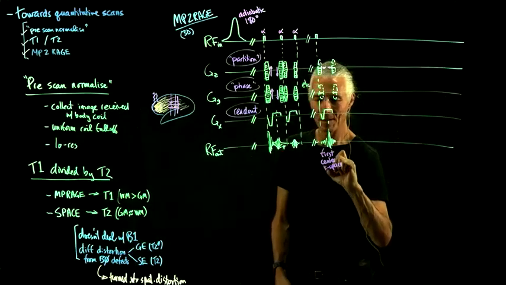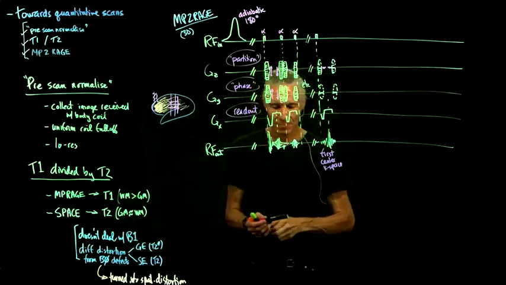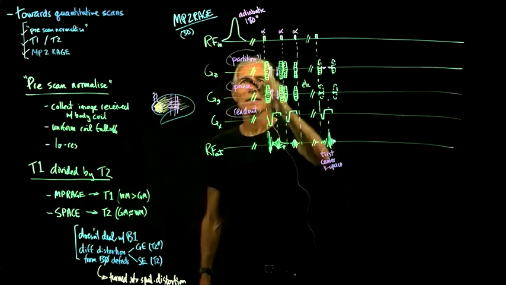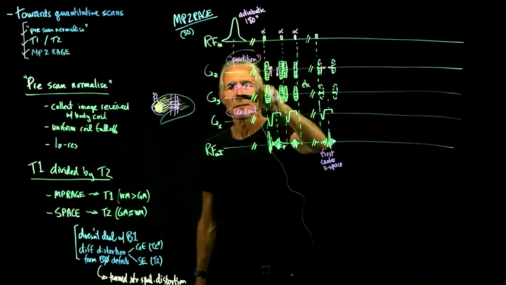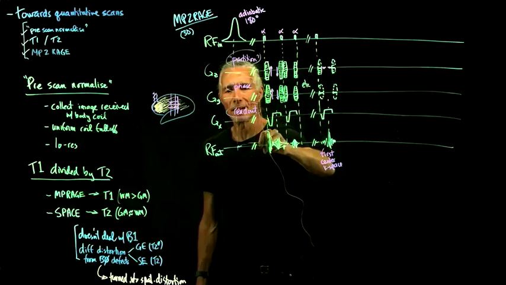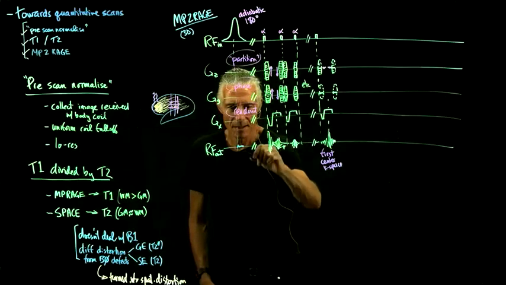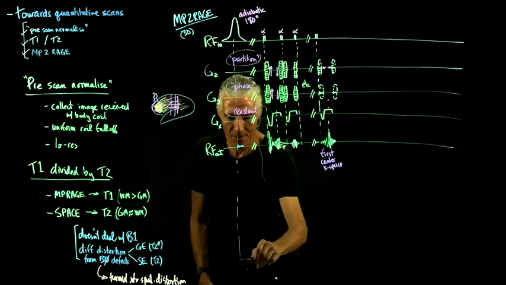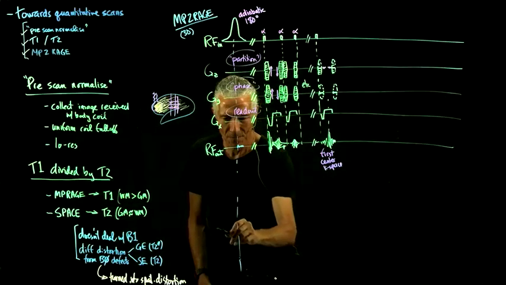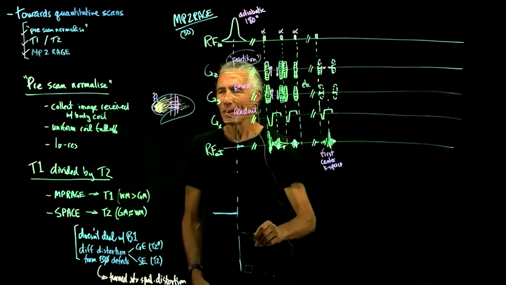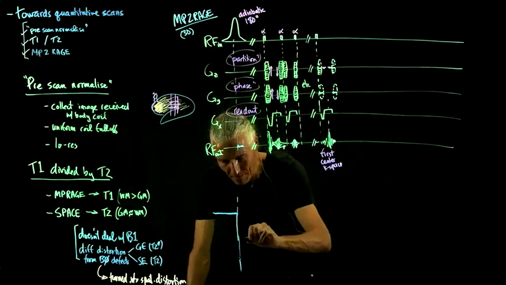So the overall picture is that at this point, if that was a good 180, you shouldn't get much of a signal out of it. And so if we put this down here, what's going on? We started off more or less at MZ0, and then we did a 180.